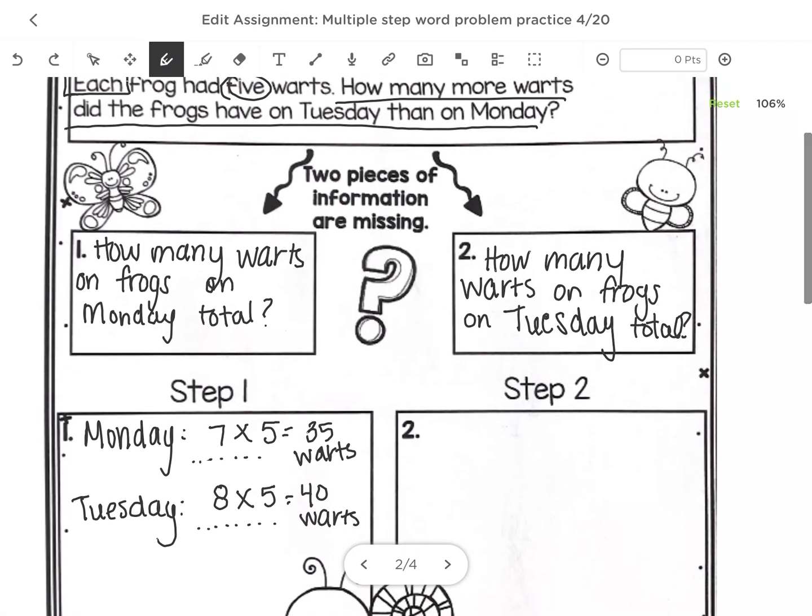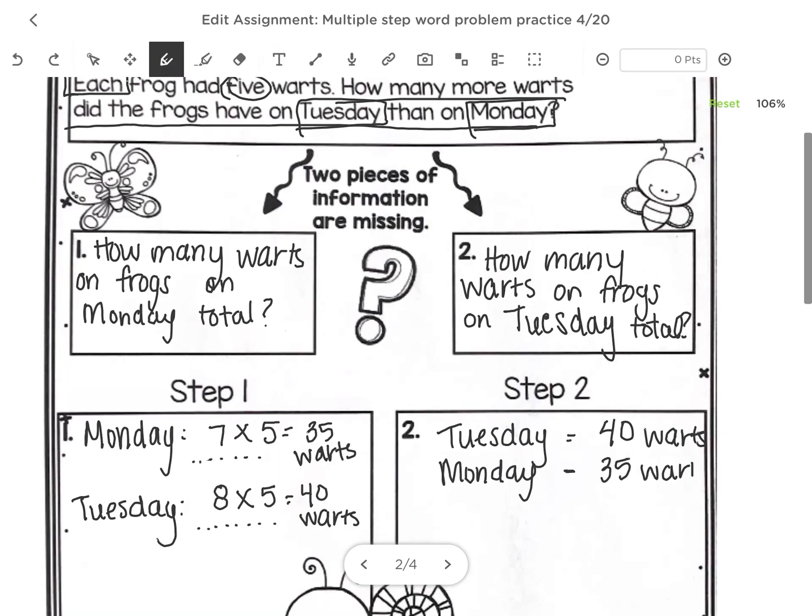Our question is asking us, how many more warts did the frogs have on Tuesday than on Monday? So we're going to take our Tuesday total, which was 40 warts, minus our Monday total, which was 35 warts. And we're going to subtract, which gives us 5 warts.